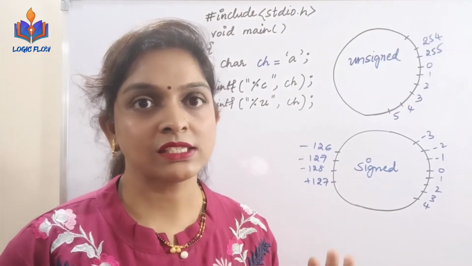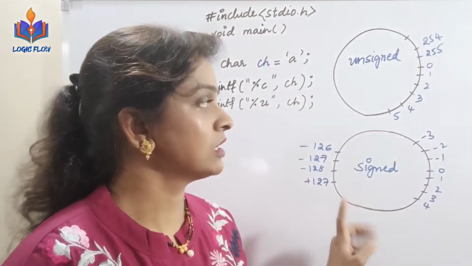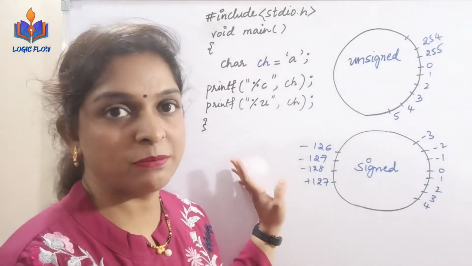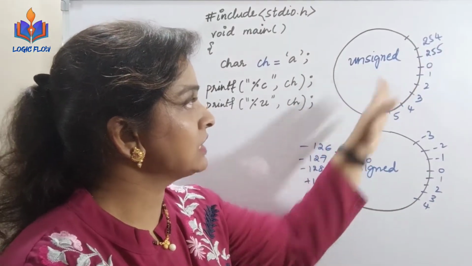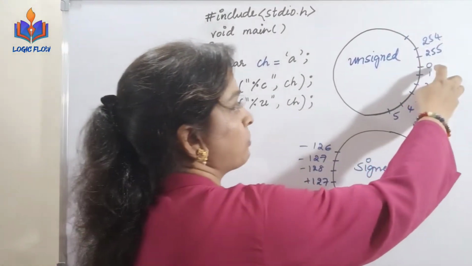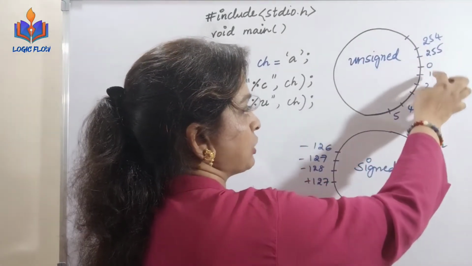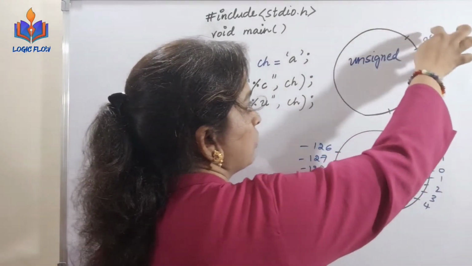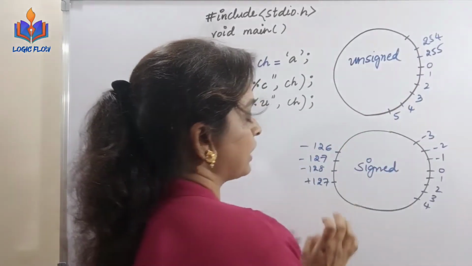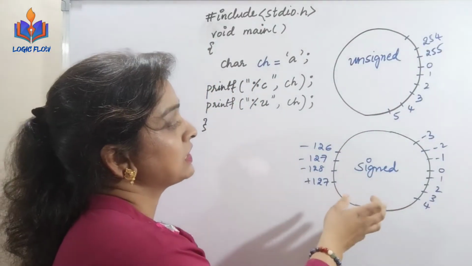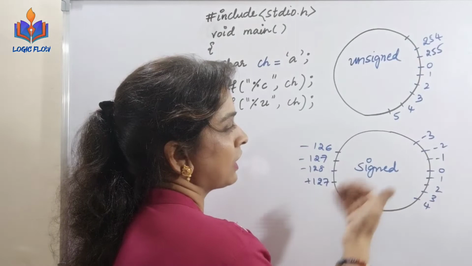So let's understand the range of character in circle form, with a small example program. Here in the unsigned, the range is from 0 to 255: 0, 1, 2, 3, 4, 5, it goes on up to 254, 255. Whereas for signed, there is the positive side and the negative side.